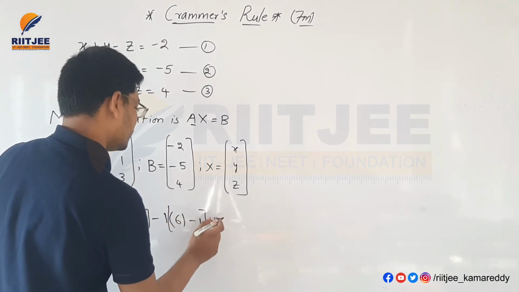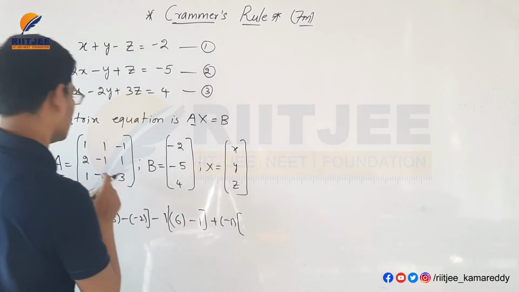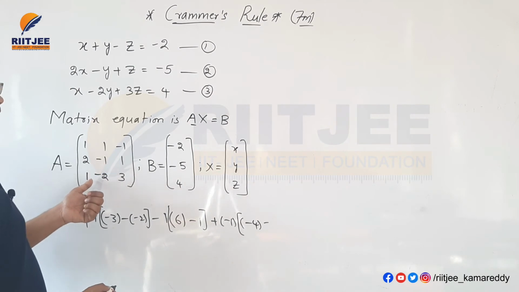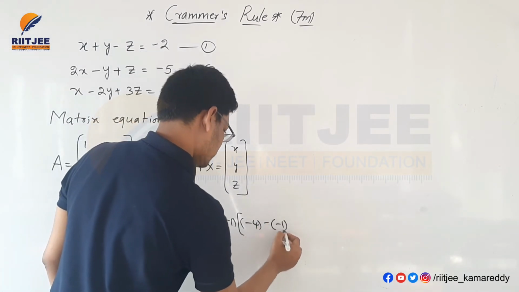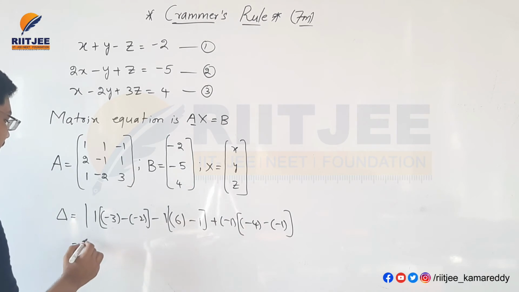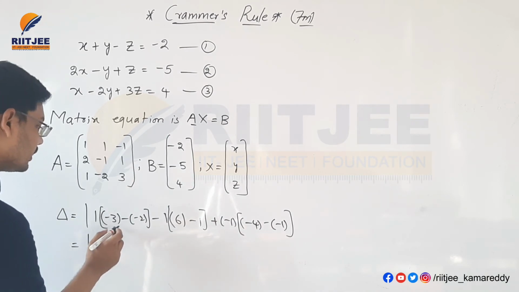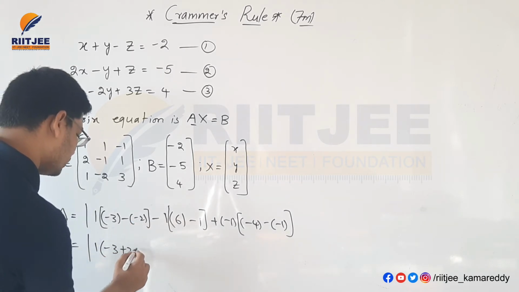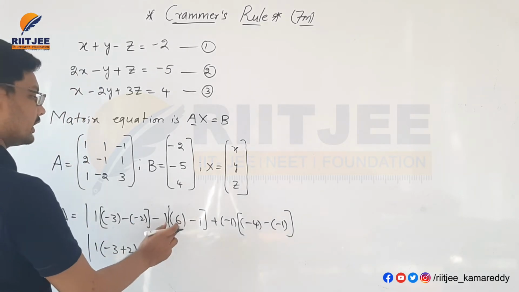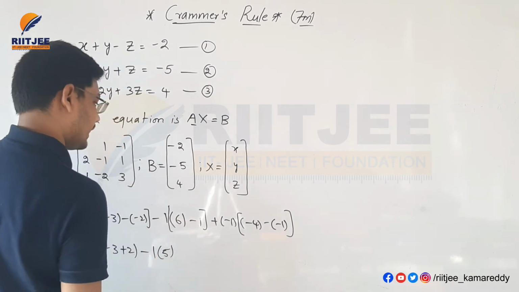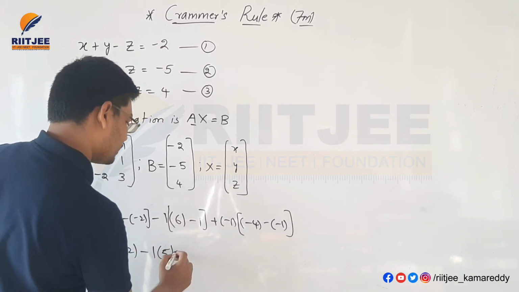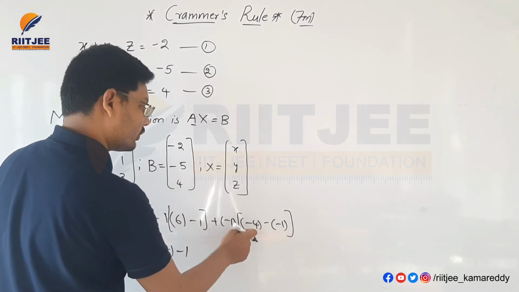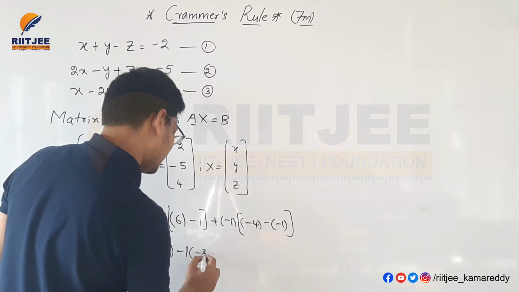Next, plus -1 of 2 into -2, -4, minus of 1 into -1, -1. Next, the delta value becomes 1 into -3, minus into minus become +2, that is equal to -3 +2, -1 into 6 -1, that is equal to 5, and minus into plus becomes -1 into -4, minus into minus become +1, -4 +1, that is equal to -3 here.